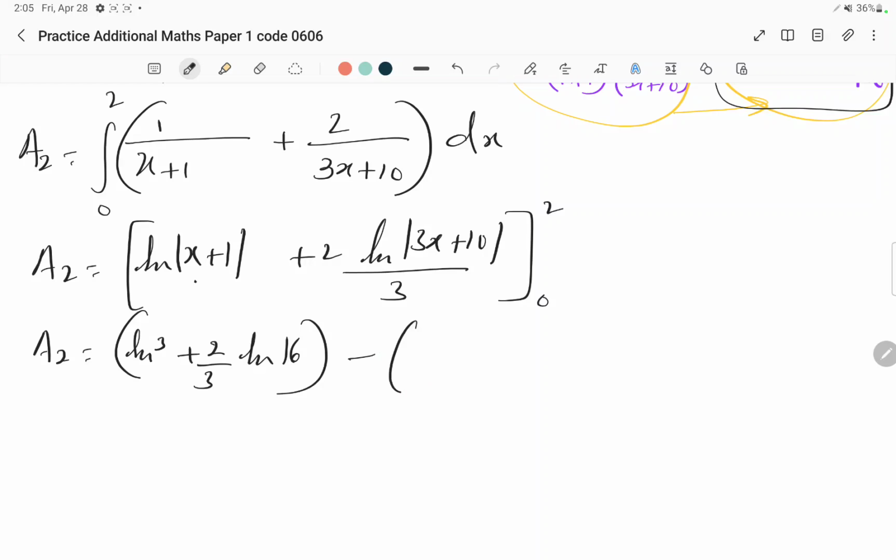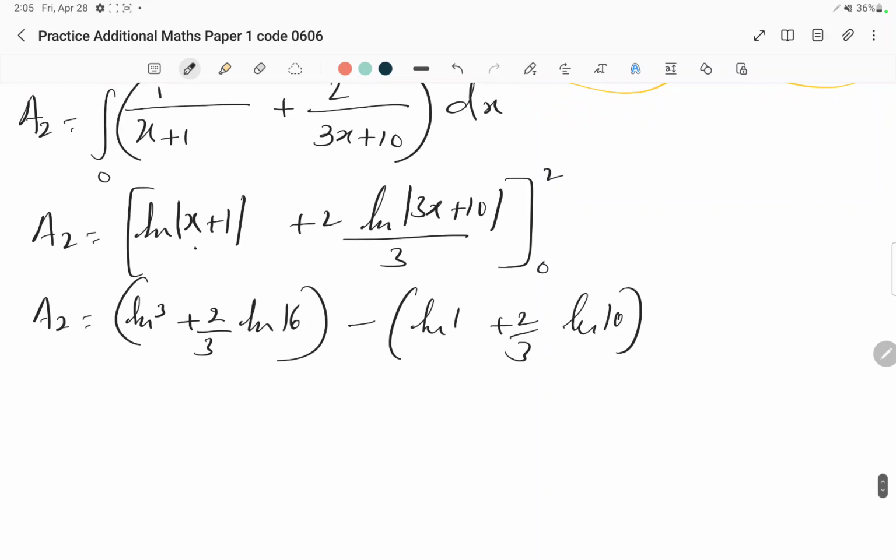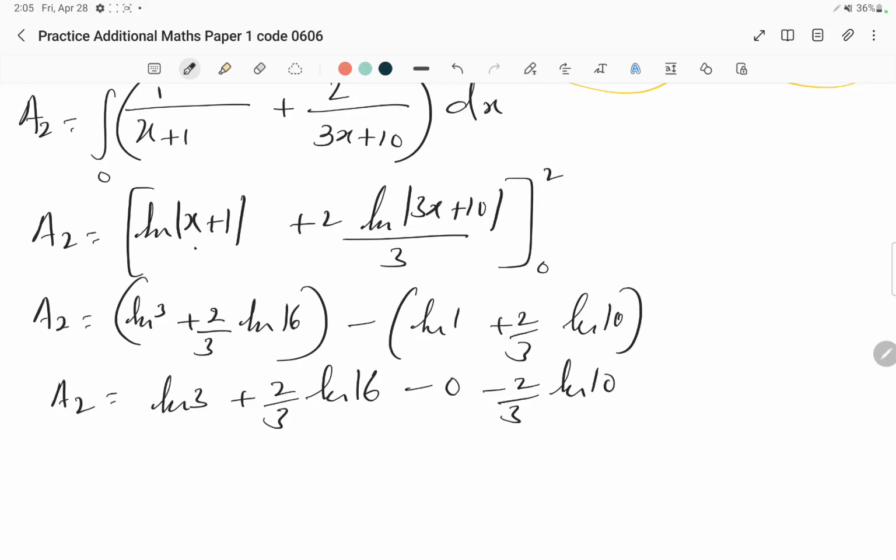This is the upper limit minus the lower limit, which is ln 1 plus 2 over 3 ln 10. So finally, what I am going to get is ln 3 plus 2 over 3 ln 16 minus ln 1, which is always 0, we know that, and minus 2 over 3 ln 10, right?